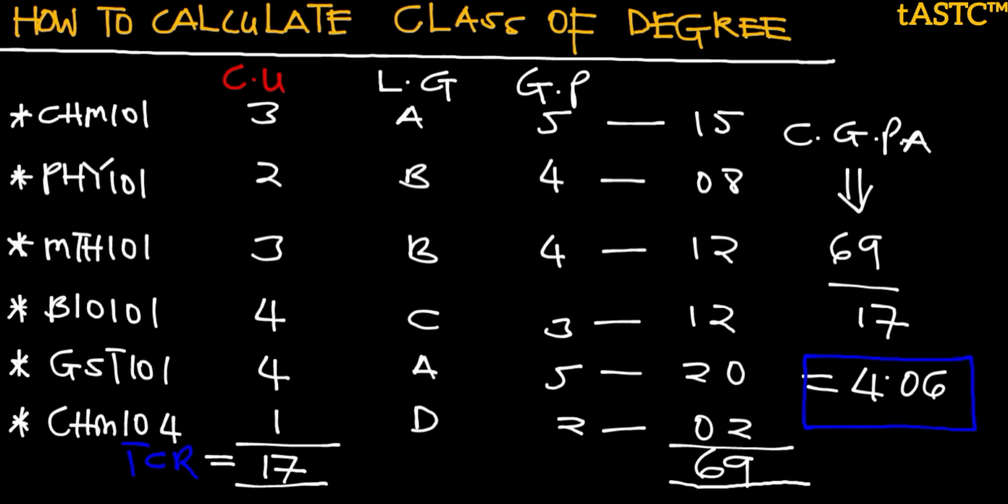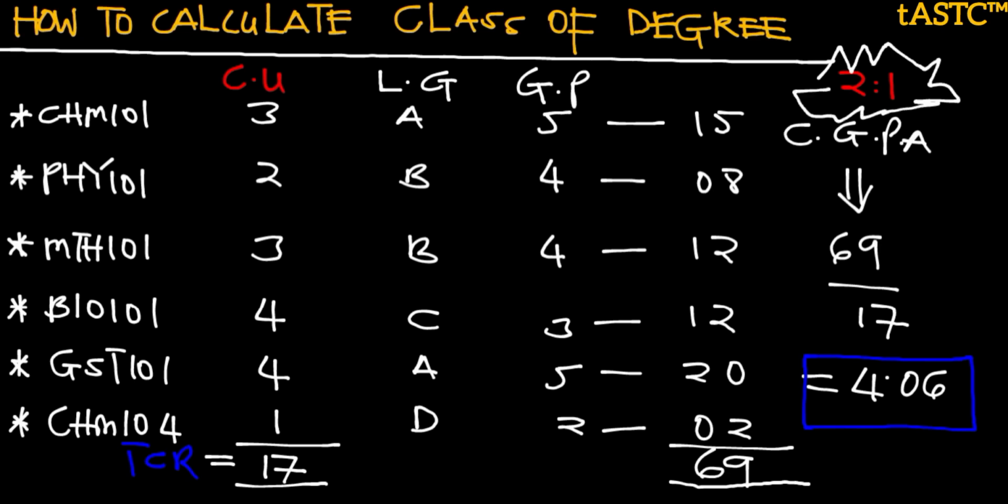So obviously this is going to be a second class lower. Whoa, a second class upper rather. So the person would actually have a 2.1, which is a second class upper. That is what the person has.